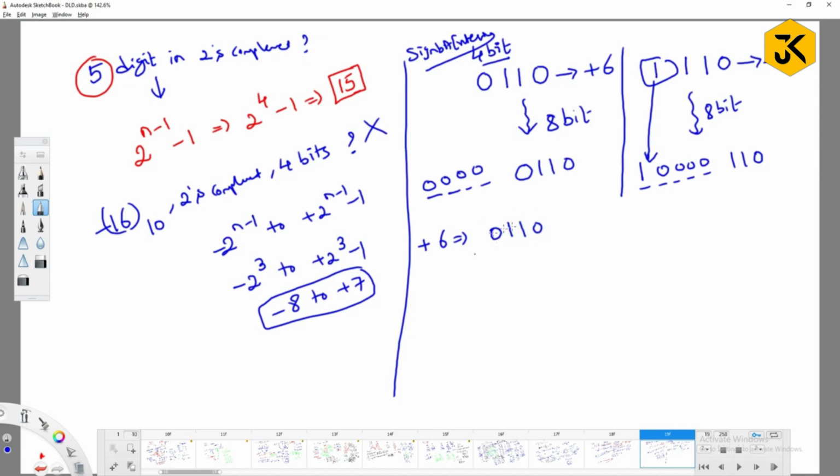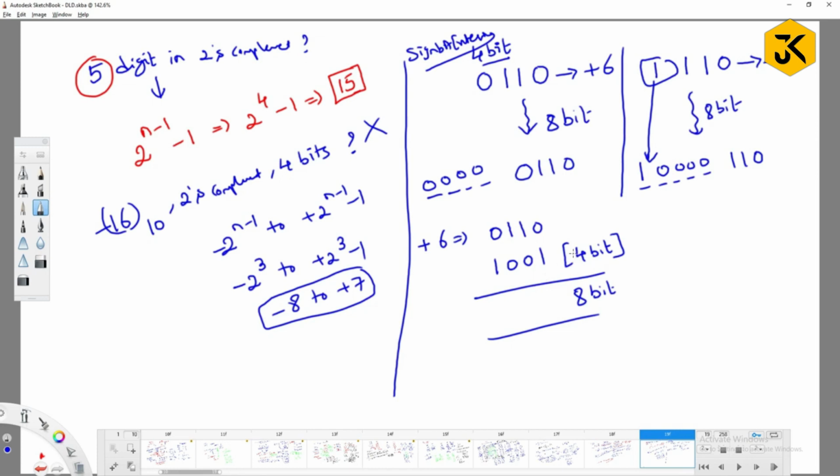In ones complement, what is its value? 1001, which is in a 4-bit system. What if I would like to extend it to the 8-bit system? What about the same plus 6 in an 8-bit system?